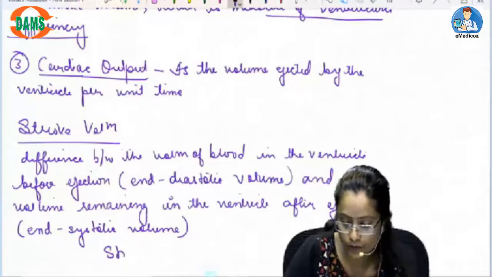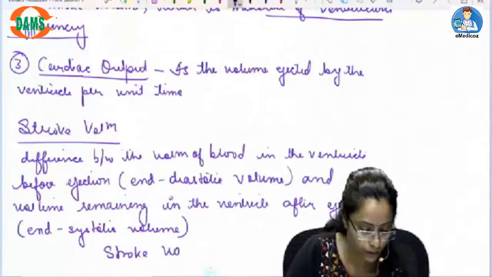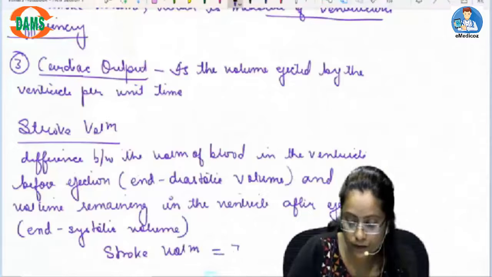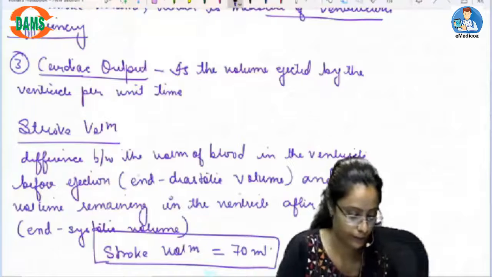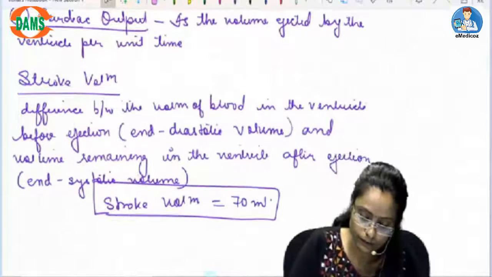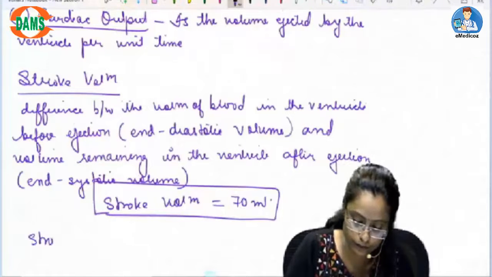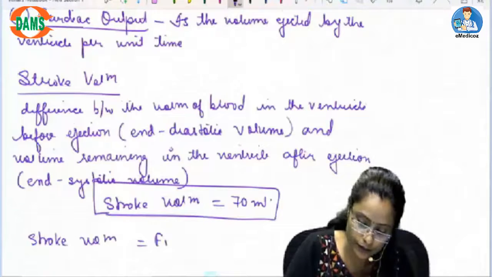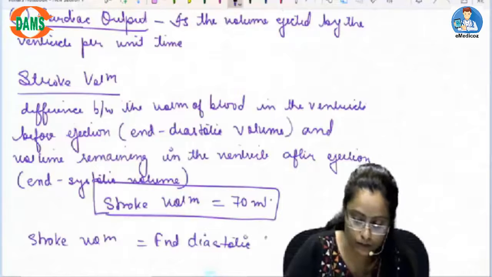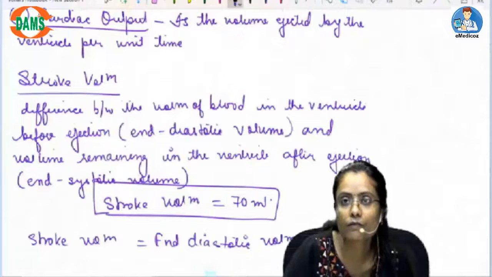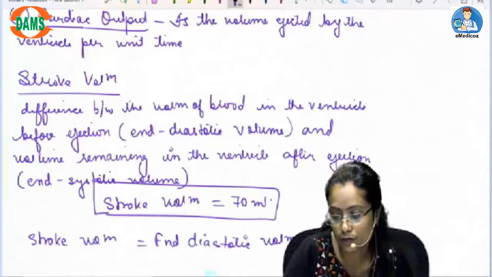Stroke volume is 70 ml. It is equal to end diastolic volume minus end systolic volume.